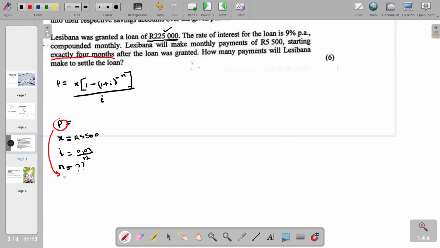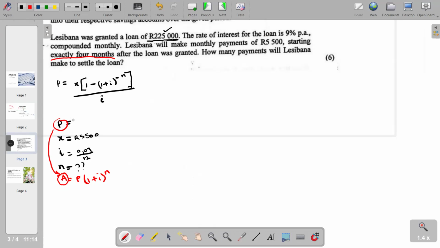The formula is A equal to P, open bracket, 1 plus I, to the power N. And take note, this P and this P are not the same. The P that we are going to put here is this value of A that we are going to get.